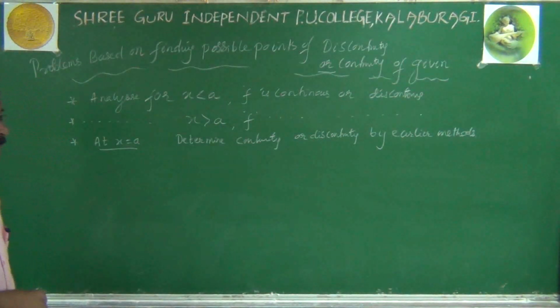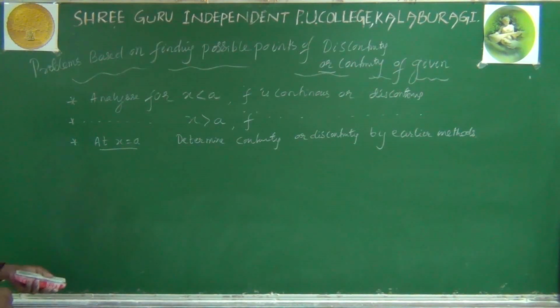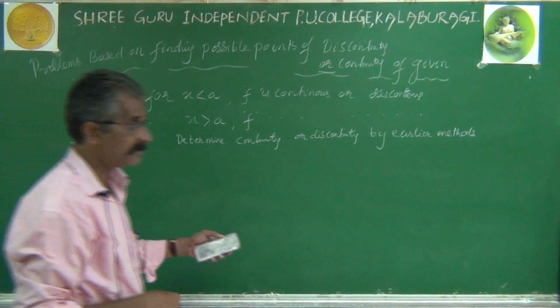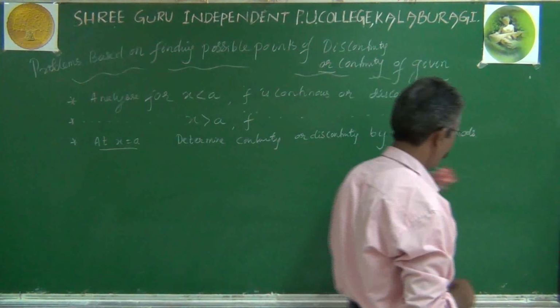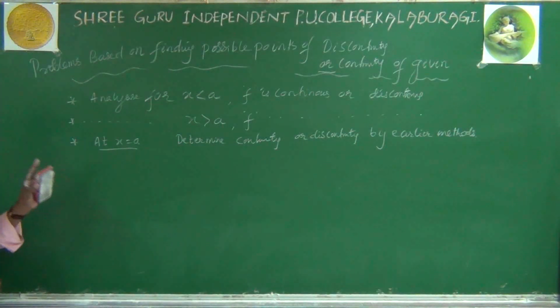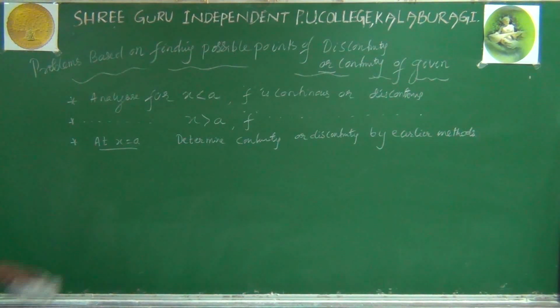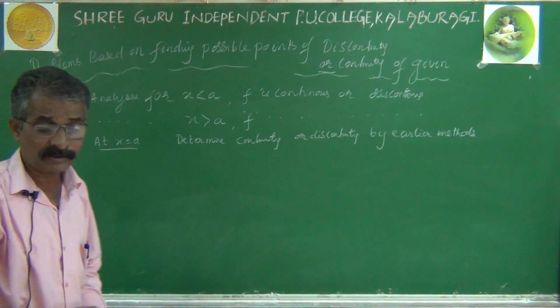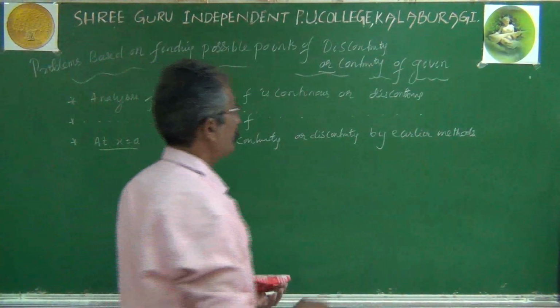Means it may be by direct limit evaluation or it may be using the LHL, RHL concept. Write: problems strictly based on finding possible points of discontinuity or continuity of a given function.